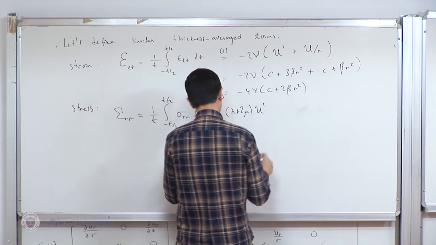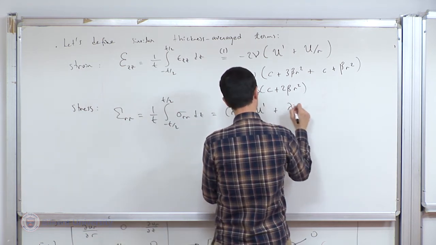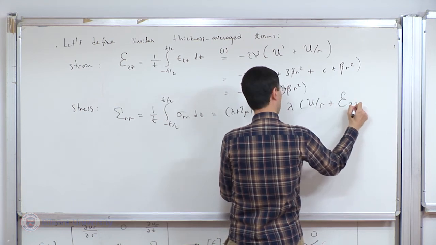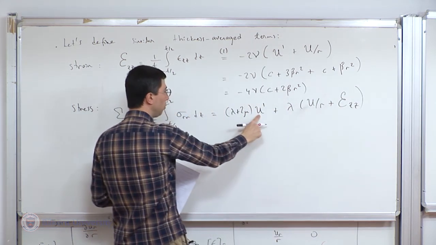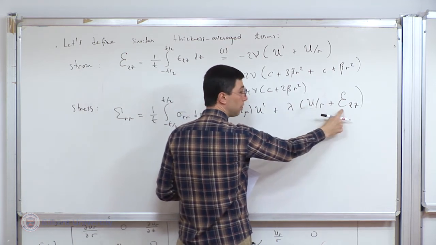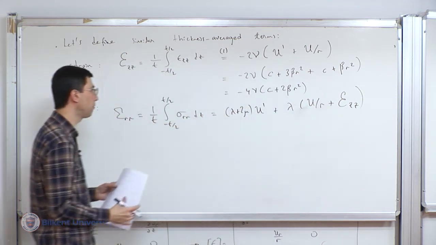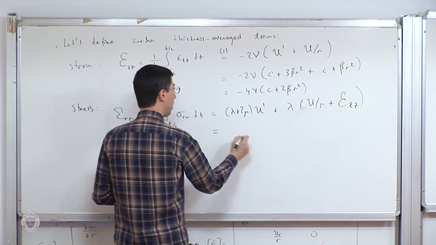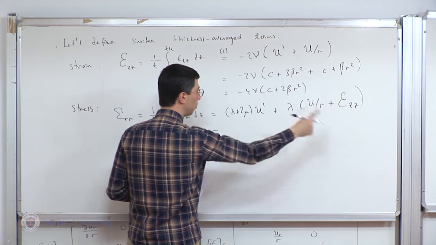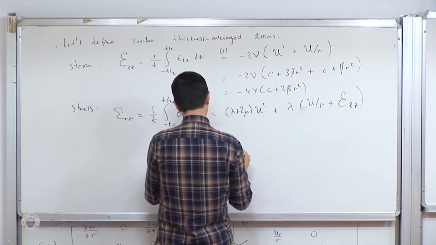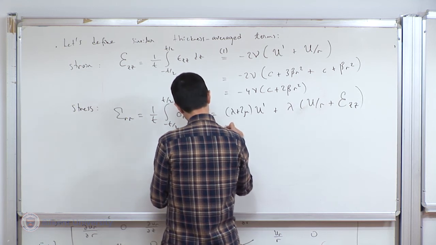I'll just write it down because the expression remained on a different board. But averaging simply, instead of capital U, I had small ur comma r, I had ur, and here small epsilon zz. After averaging, I simply replace them with their counterparts. And then I go ahead and plug in the form for u prime and ur and also epsilon zz. And that will give you a, okay?